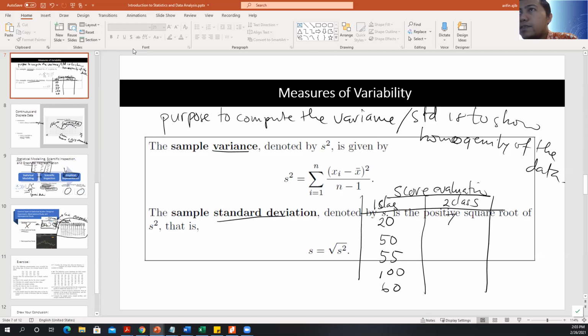Okay, and in the second class, someone gets 70, someone gets 72, someone gets 75, someone gets 85, someone gets 68.